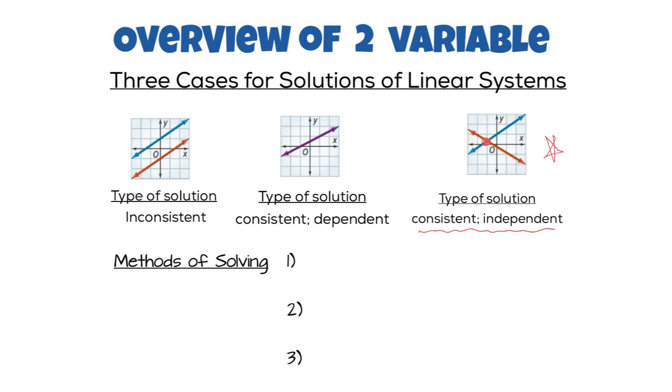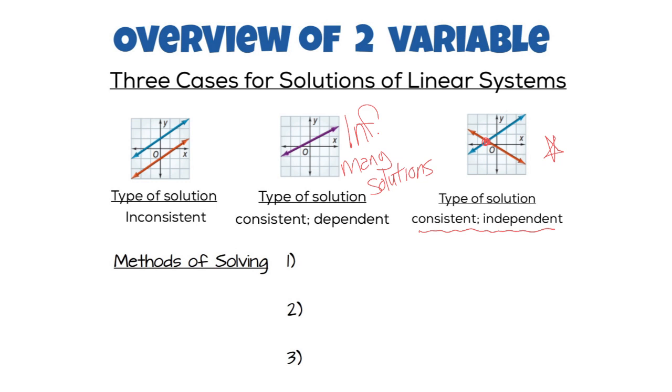All right, in a situation like this, we would say that we have infinitely many. I'm just going to write infinitely many solutions, because anywhere on that line would be an ordered pair that would work in both of the two equations you have.